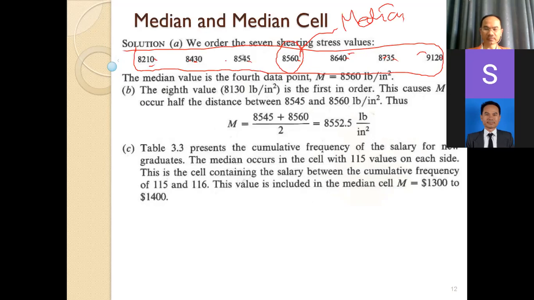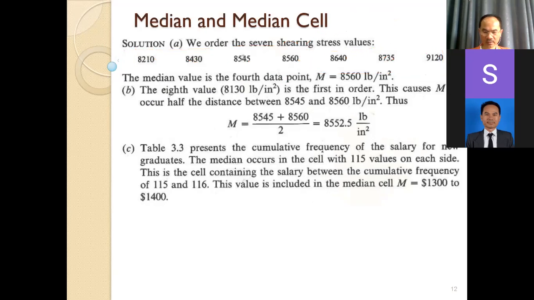For the next one, we have this data, starting with 8,150. We have 8 data points, not 7. 1, 2, 3, 4 and 1, 2, 3, 4. The median value is between 8,545 and 8,560.